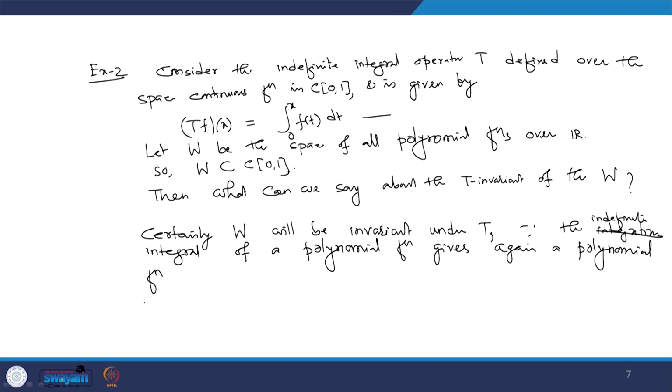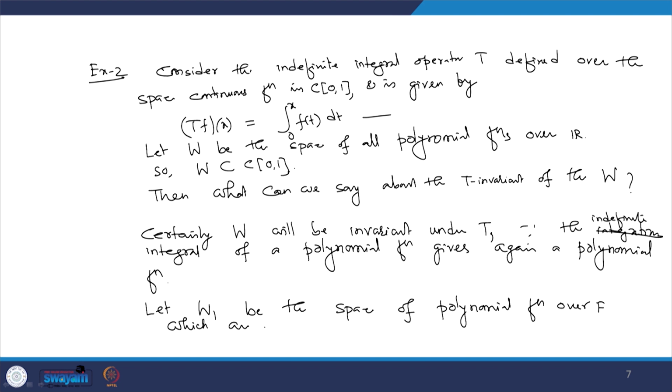Let me modify it. Let W1 be the space of all polynomial functions which are 0 at x equal to 1 by 2.